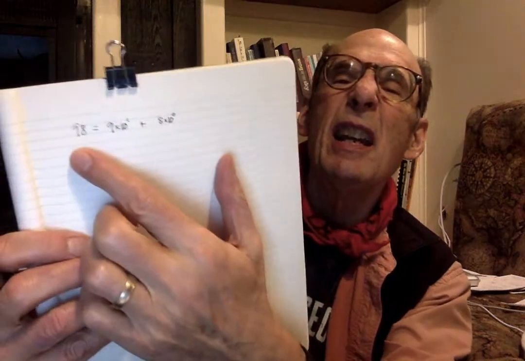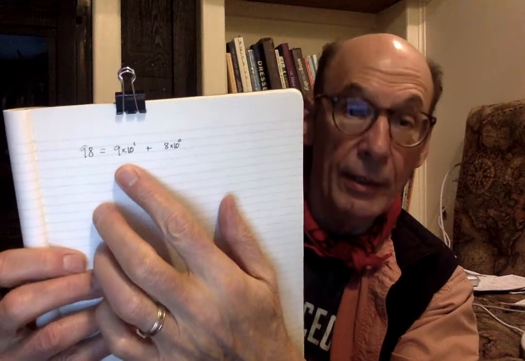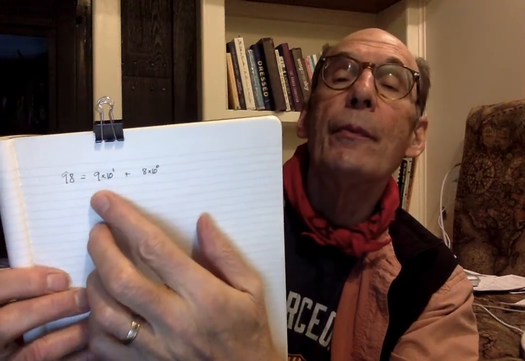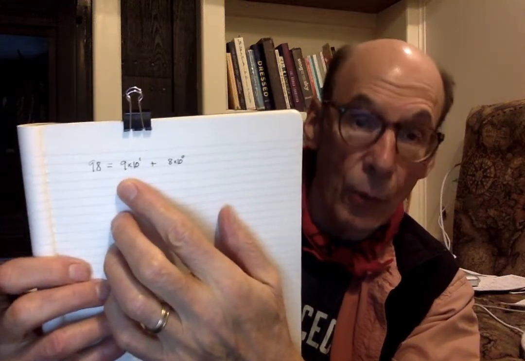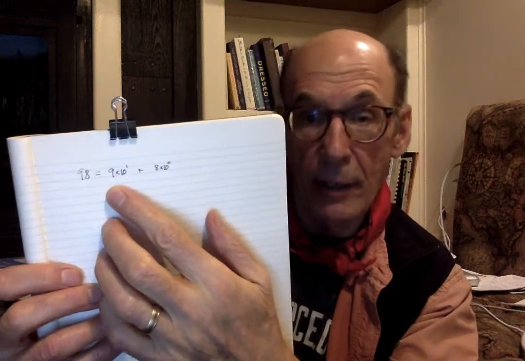a species. And so what we have here is a base 10 representation, and the situation is that 98 is actually a place system, right? So 9 is 9 times 10 to the 1. 10 to the 1 is 10, so that's 90.